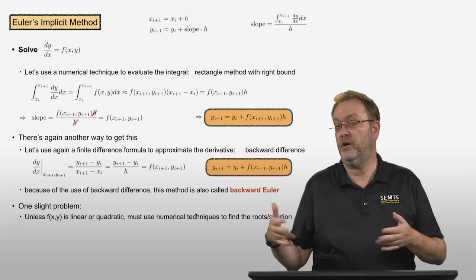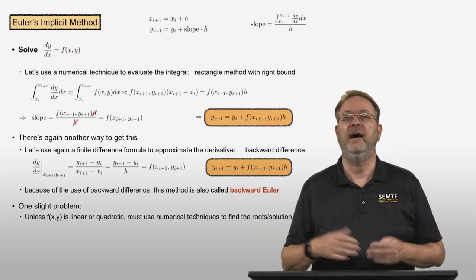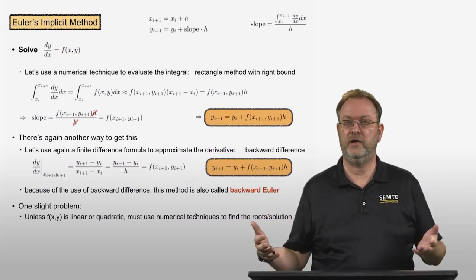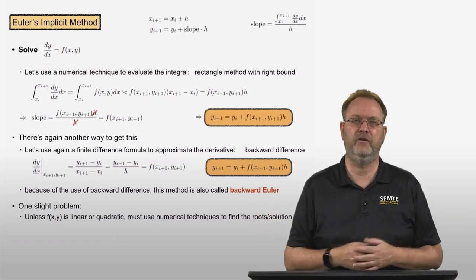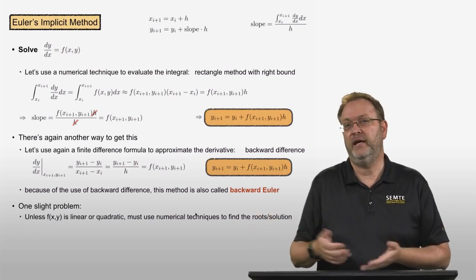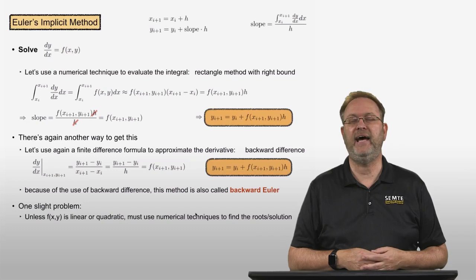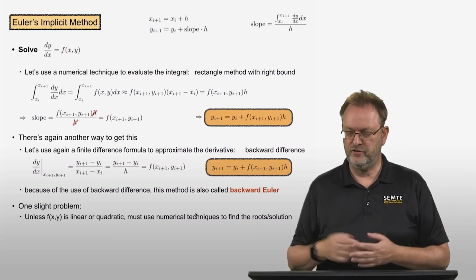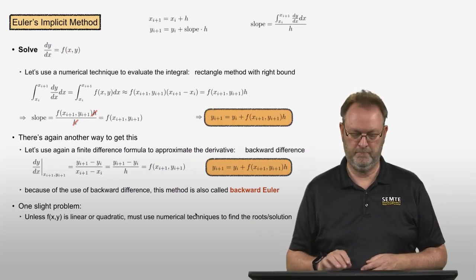But if it's a much more complicated nonlinear function, I will have to do this numerically. Well, that's not that big of a deal. It's simply a root finding that I have to do numerically to find the solution y_{i+1}.